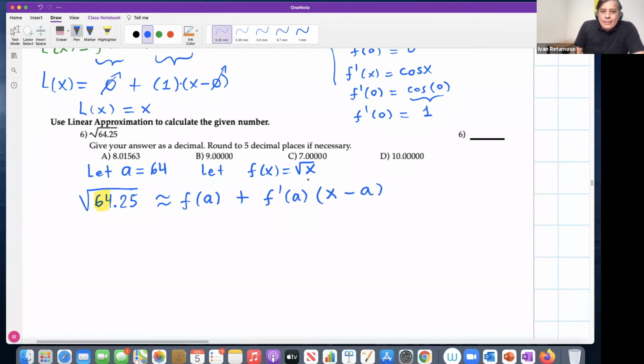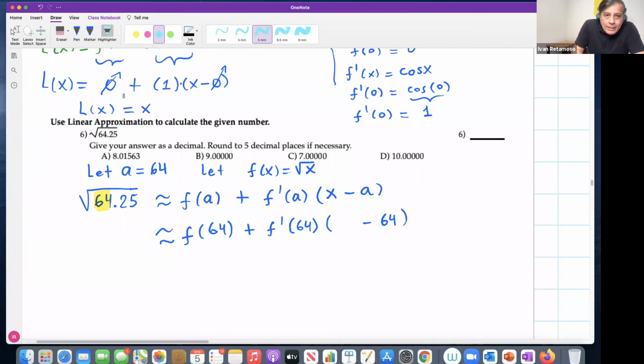Since our base point, we cleverly chose to be 64, this will be the evaluation at 64 plus the derivative evaluated at 64 times, what do you write here? This we know is the base point 64. But what should x be? X will be this. So directly put x as 64.25 there.